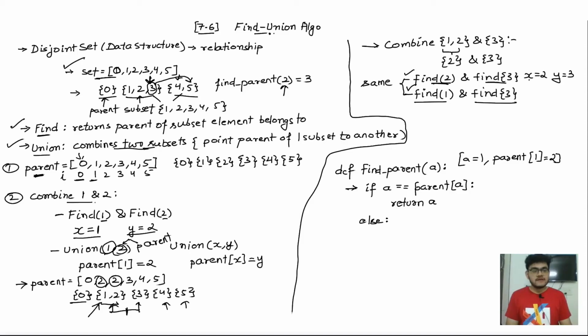So the value of x becomes 2 and the value of y becomes 3. But if you make a call to find 1 and find 3, the value of y will remain 3, because find of 3 gives the value of 3, since a is equal to parent of 3, right?